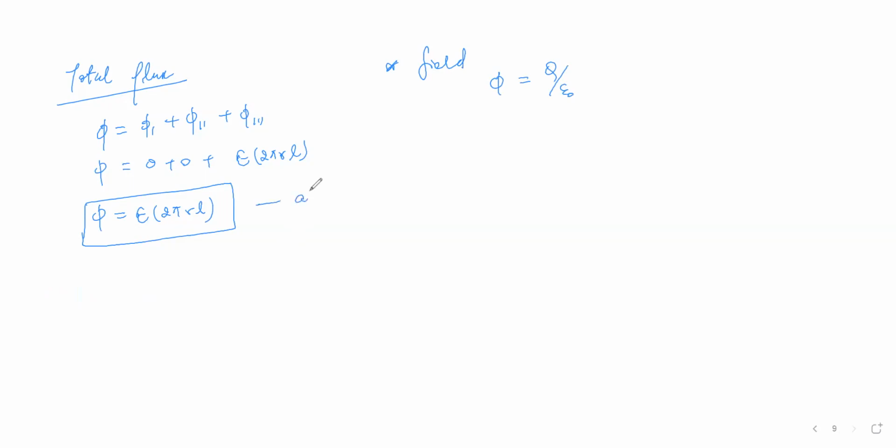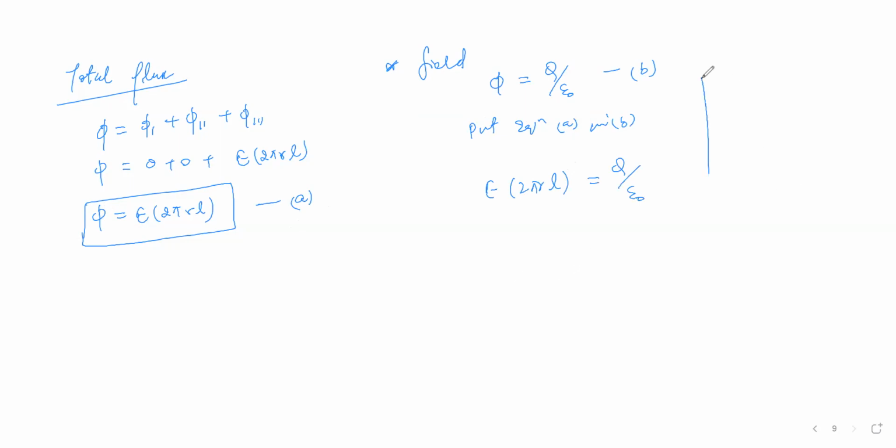You can call it equation A, and this is your equation B. From A and B, we can write the value of phi as Q over epsilon naught. So in the place of phi, put equation A. When you put the value of phi in equation B, you get E 2 pi RL is equal to Q over epsilon naught.